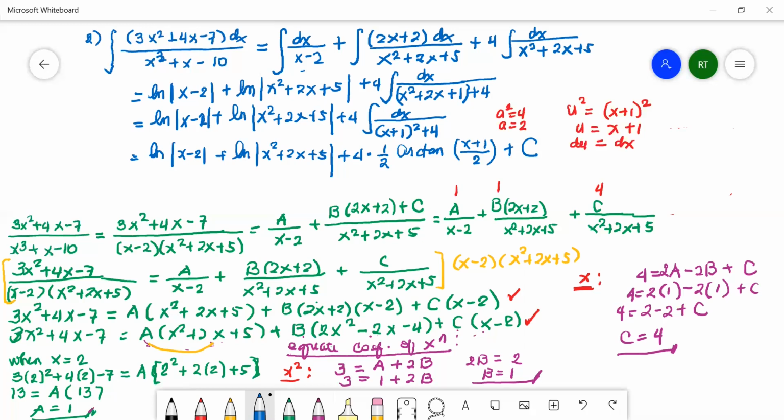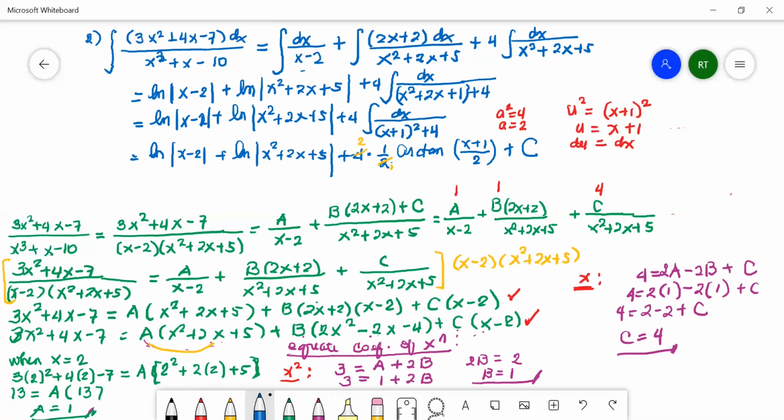And we can cancel 4 and 2, no? Meaning we can divide this by 2, which gives us 1. We can divide 4 by 2, which gives us 2.